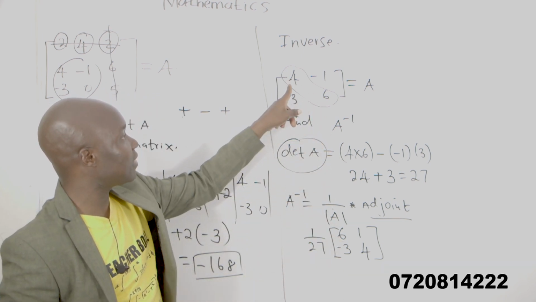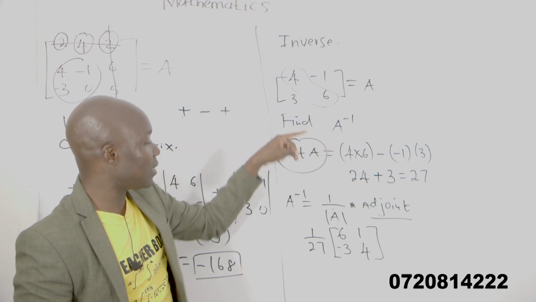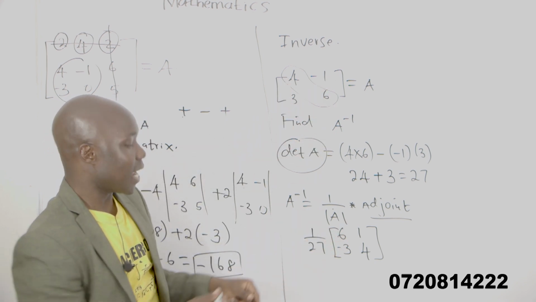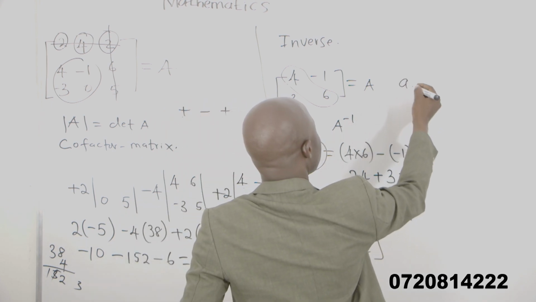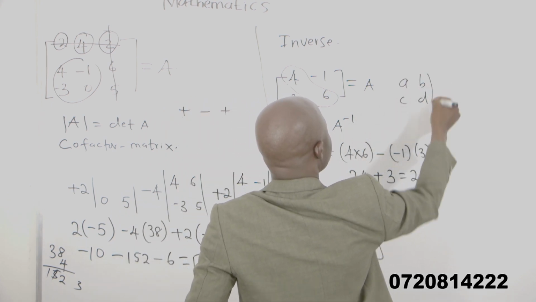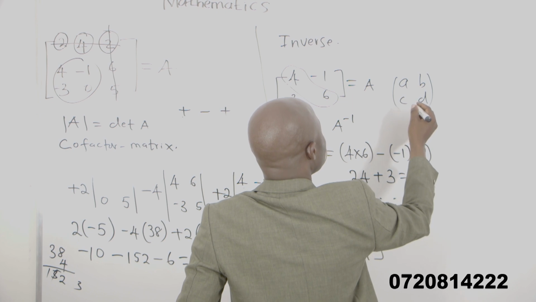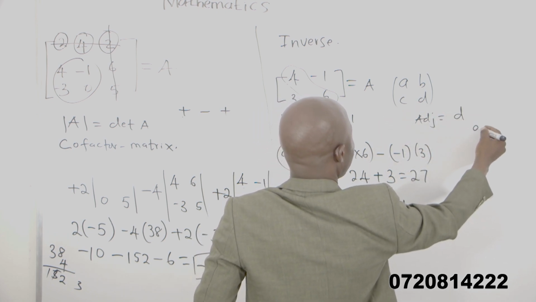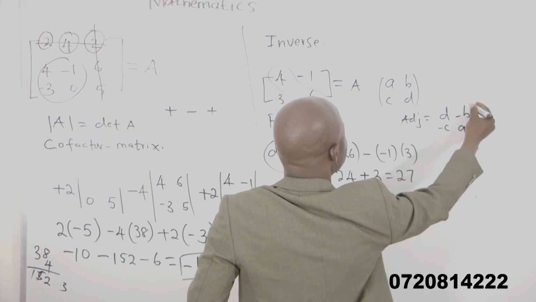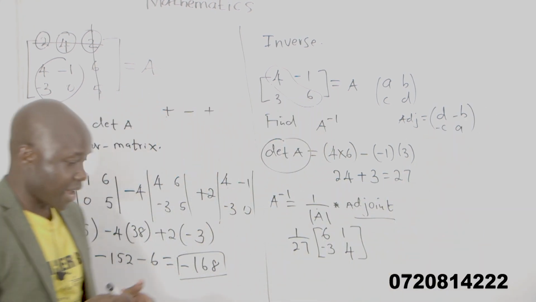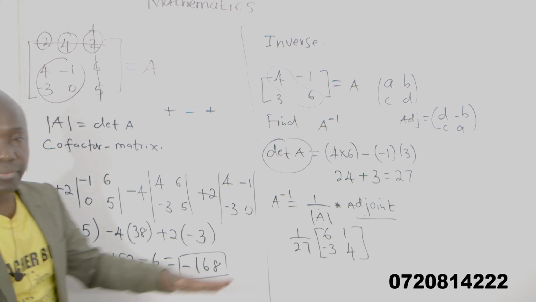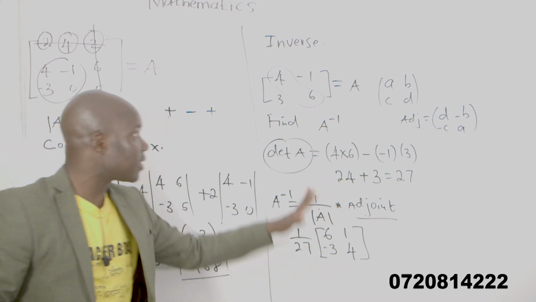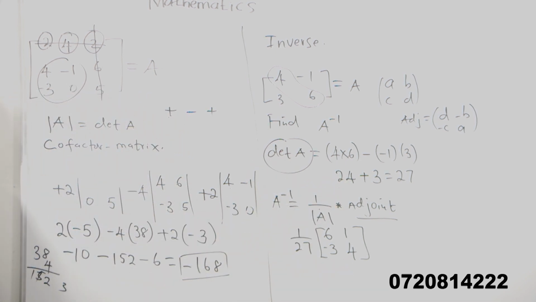You see 6 comes here, 4 goes down. The others remain, but we negate them. An example, if I were to give you A, B, C, and D, how do we find the adjoint? It becomes D, A, negative B, negative C. So that's how we find the adjoint of any given matrix. So this is the inverse of our 2 by 2.